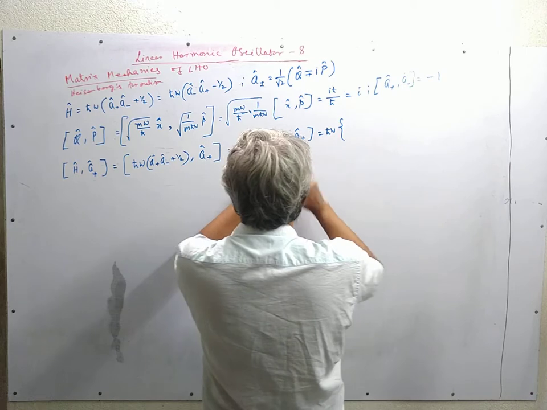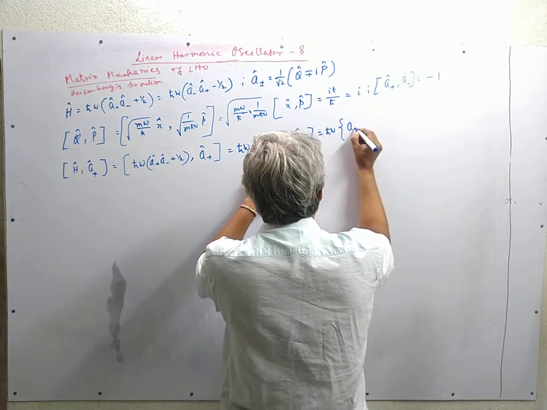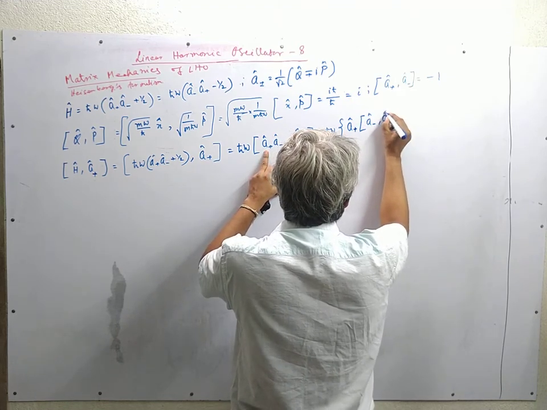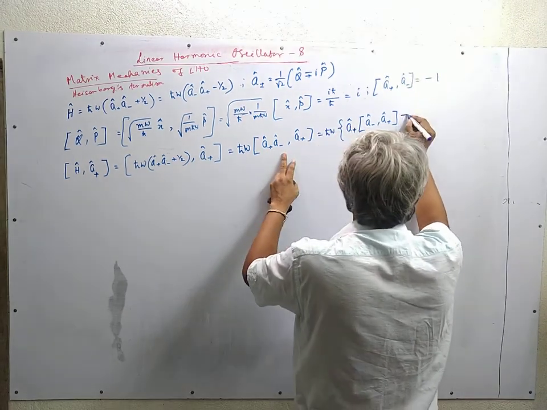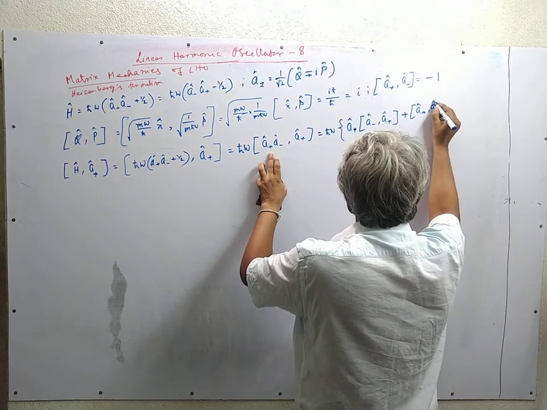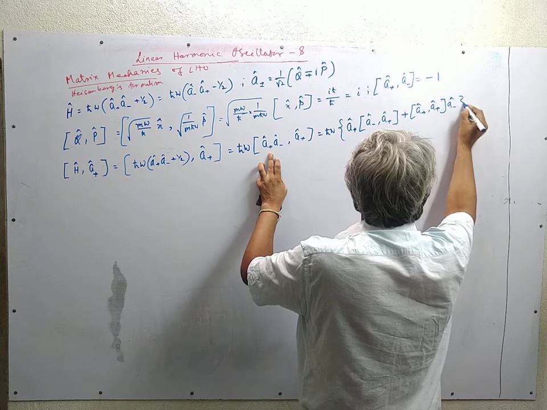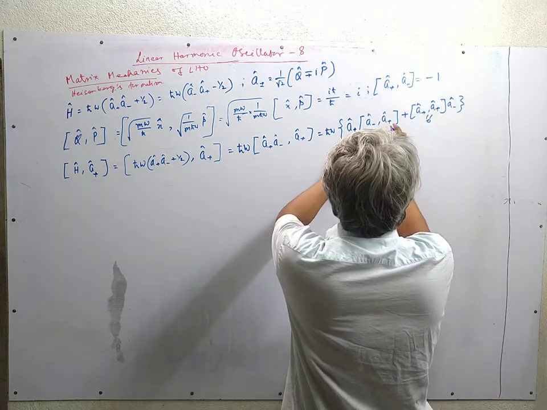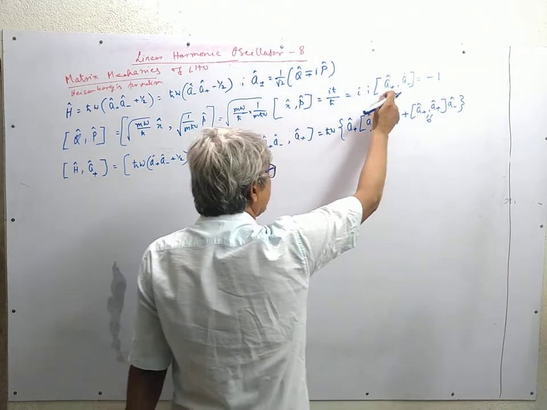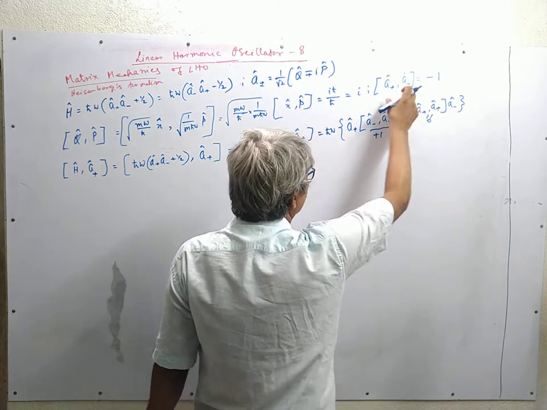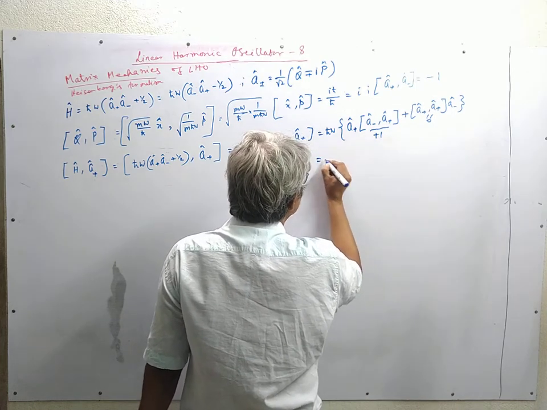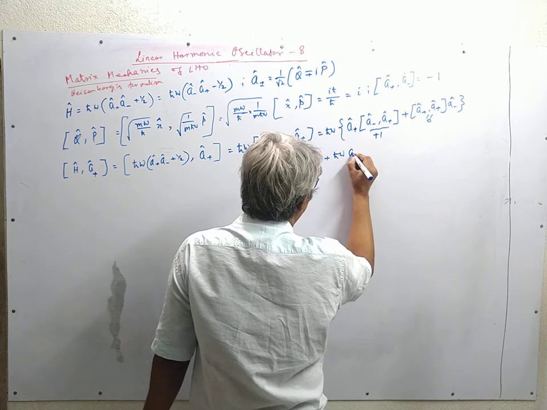Then the commutator with A plus coming from the left, and then the commutator of A plus with A plus and A minus coming from the right. This is 0 and this is plus 1, as we have obtained the commutator of A plus, A minus is minus 1. So when we interchange this, the sign also interchanges, and the result is plus H cross omega A plus.